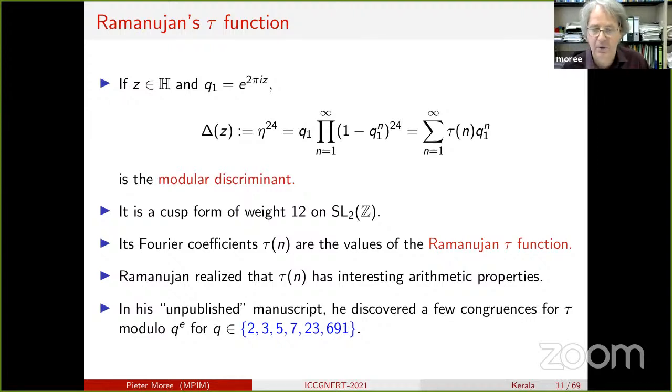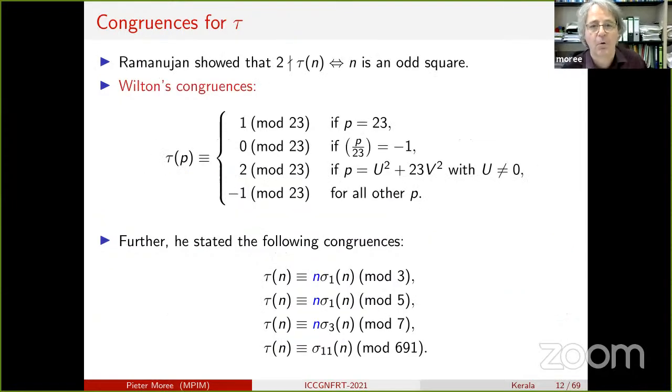And so what he did in the unpublished manuscript was that he wrote them down for several primes. For several primes, he found congruences. And so we will see those primes again. And you might recognize that 691 divides the 12th Bernoulli number. So what type of congruences did he give?